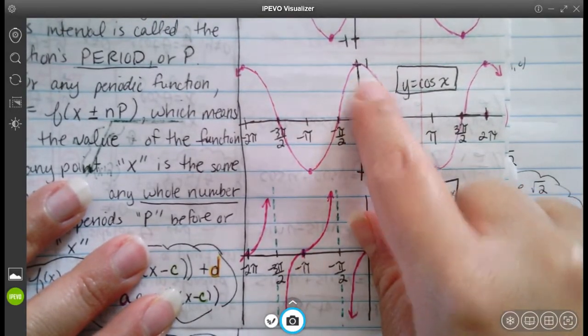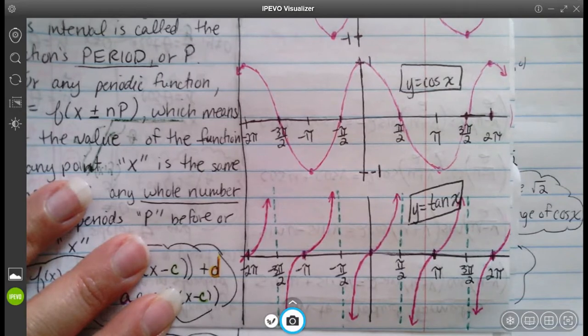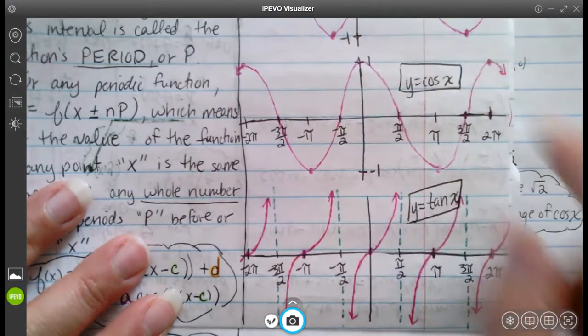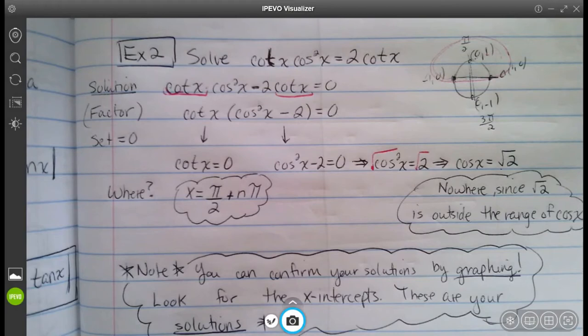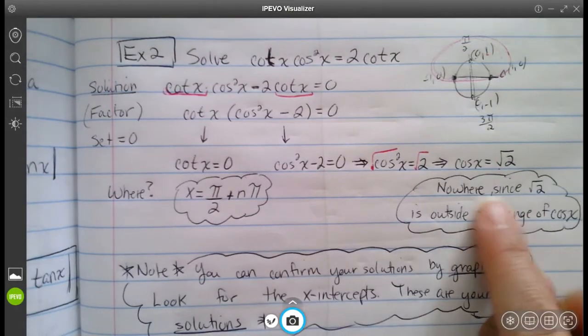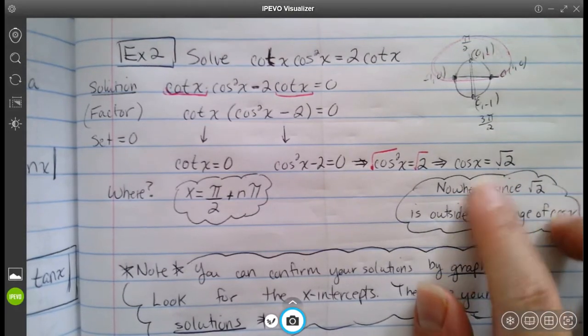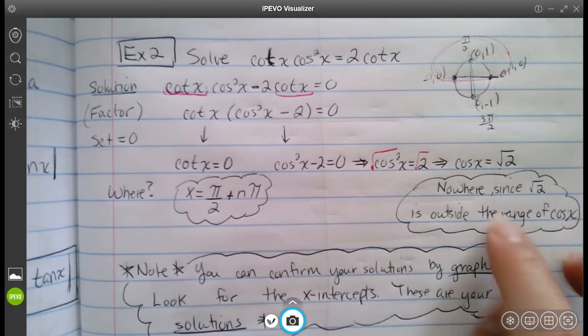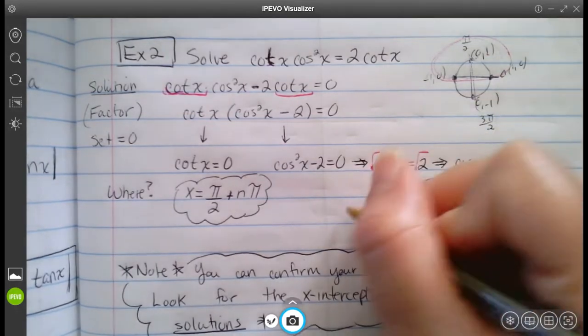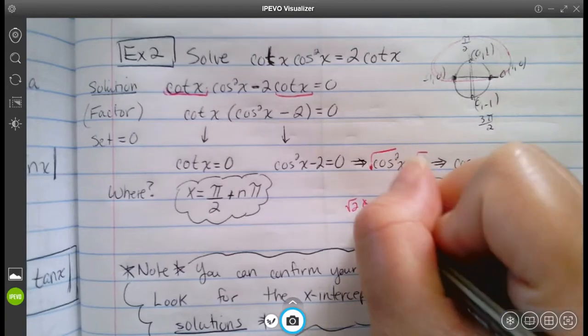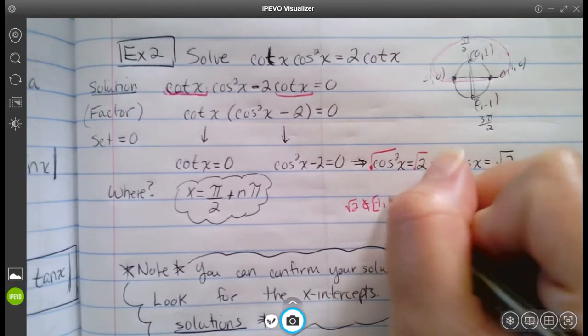So square root of 2 is going to be a little bit bigger than that. It's going to fall somewhere up here. Because of that, this one has no solution. There's no other answer for this one because square root of 2 is outside of the range. I've notated this before: square root of 2 is not part of -1, 1.